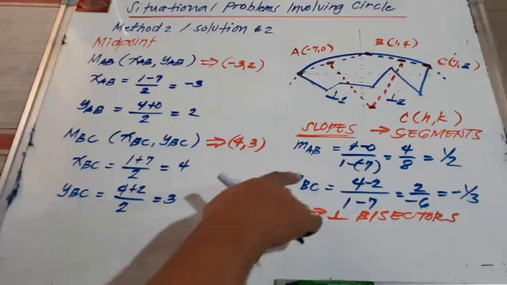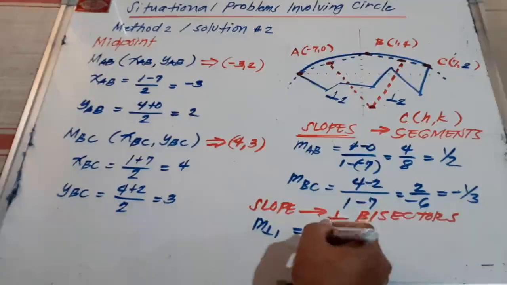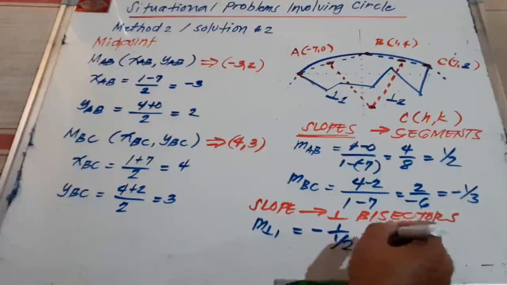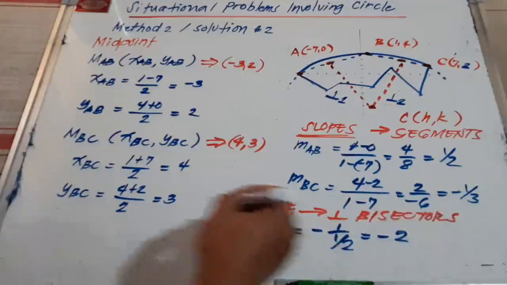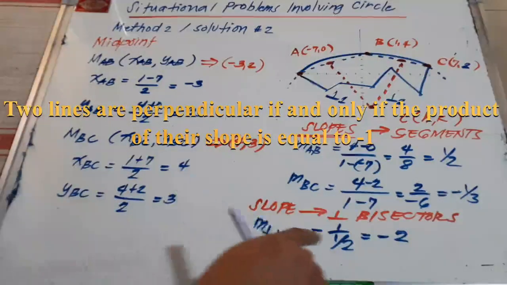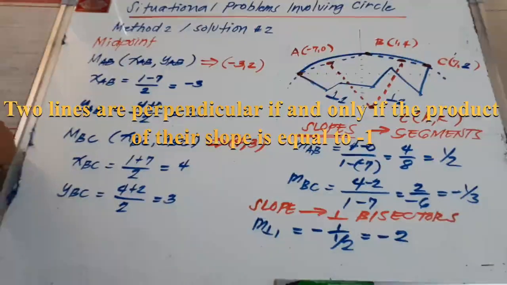We're just going to get the negative reciprocal of the slope ng ating AB. So, negative 1 over 1 half, and that is equal to negative 2. Bakit ganon? Kasi alam naman natin that two lines are perpendicular if and only if the product of their slopes equals negative 1. So if we multiply 1 half times negative 2, that's equal to negative 1. So tama ang sagot natin.